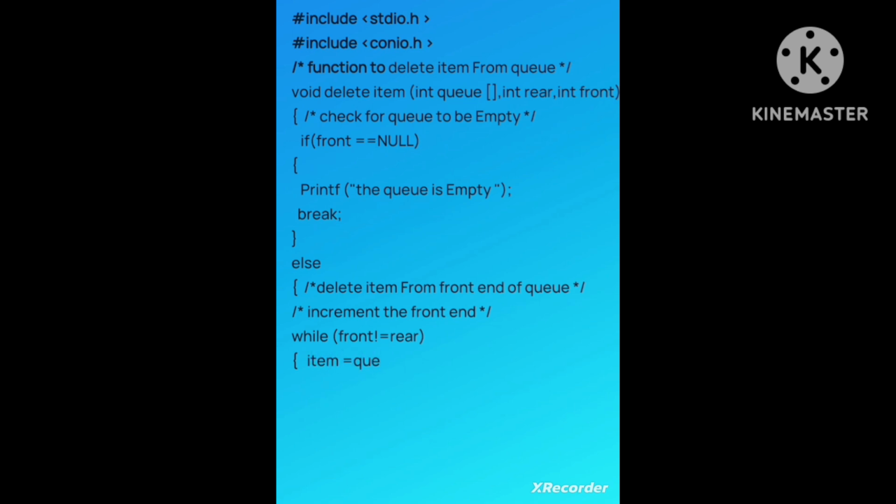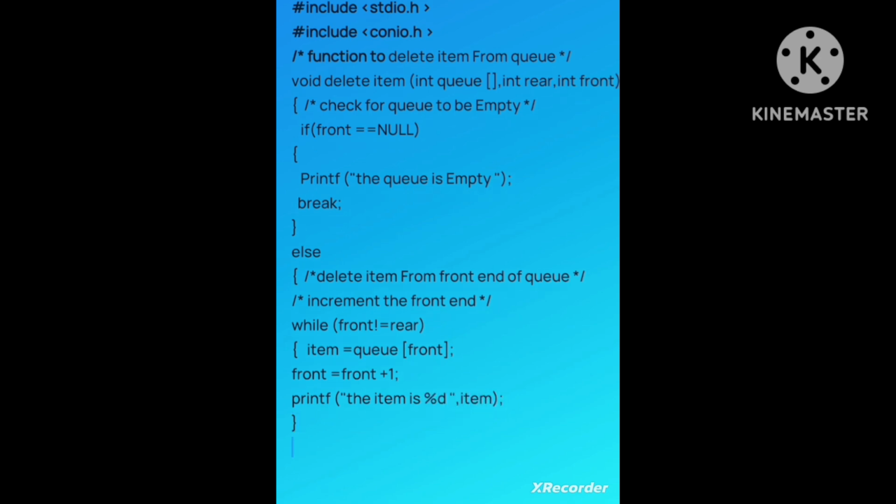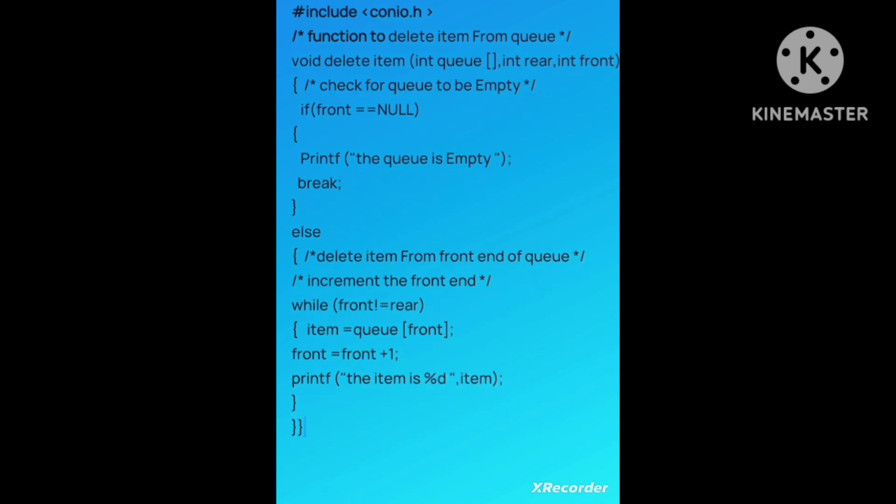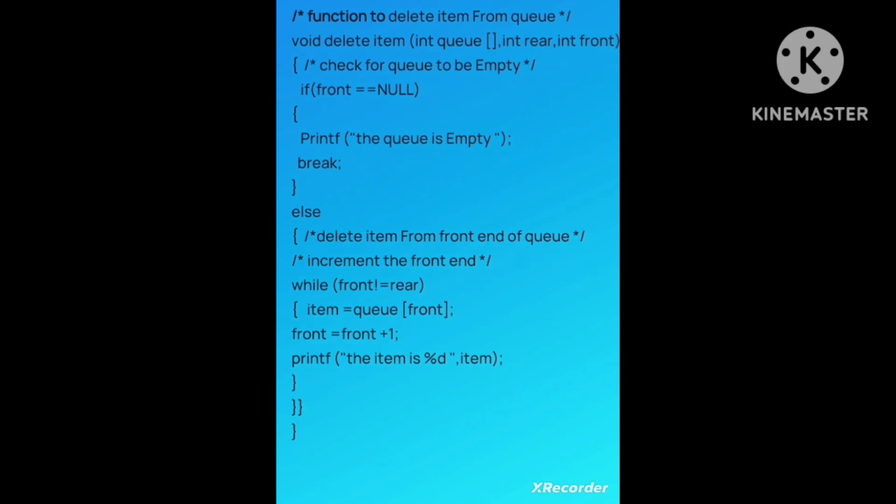For removing the item from the queue we perform 2 steps. First, we assign the queue of front to the item variable, and then we increment the front by 1. Then we simply print the item value that is deleted from the queue. In this way the coding part of the deletion operation is performed.